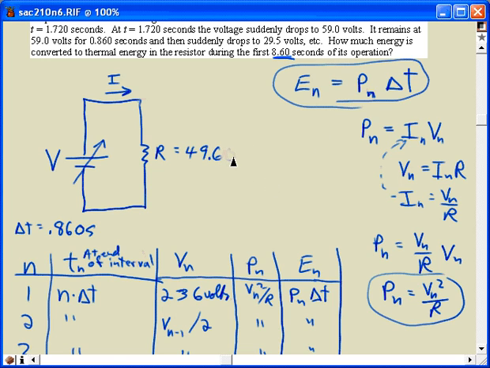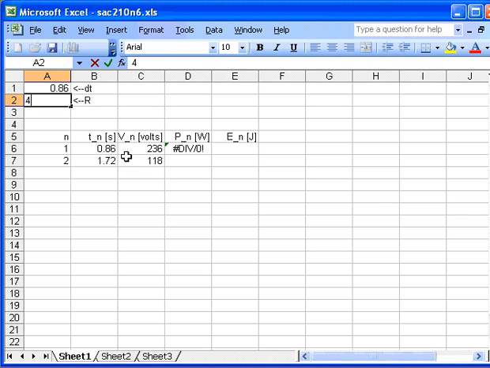The symbol for ohms is capital omega. So let's put the symbol for ohms in there. Now we got it right. 49.6 ohms. Alright, so that changed that to a value.